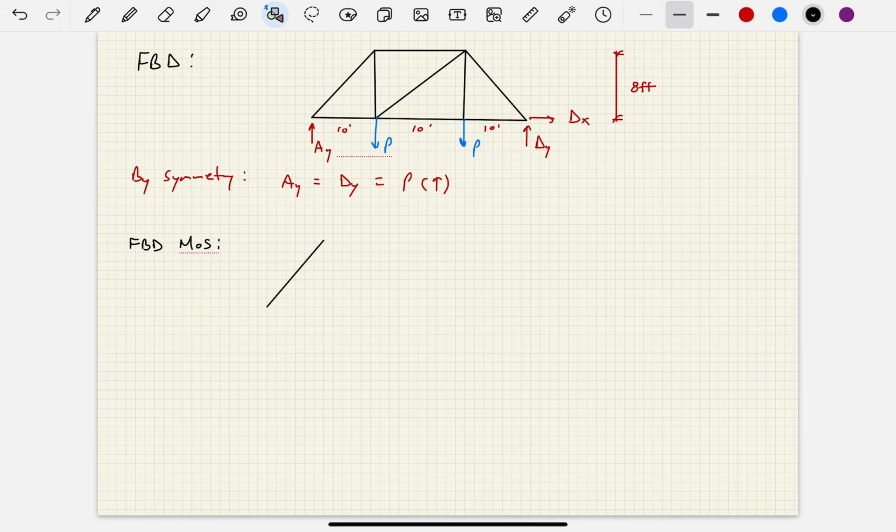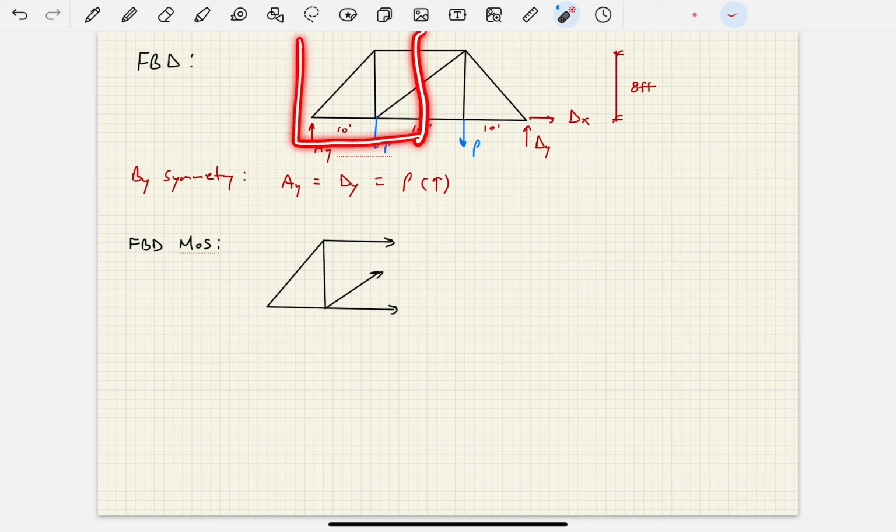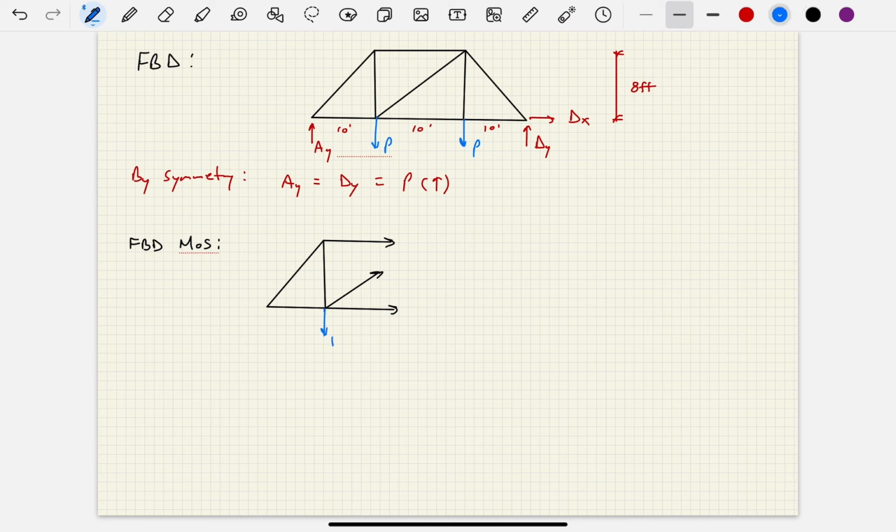Here's this member. I've made the cut through these members here, and I'm looking at everything on the left side of that free body diagram, okay? And I've got this P hanging out here.